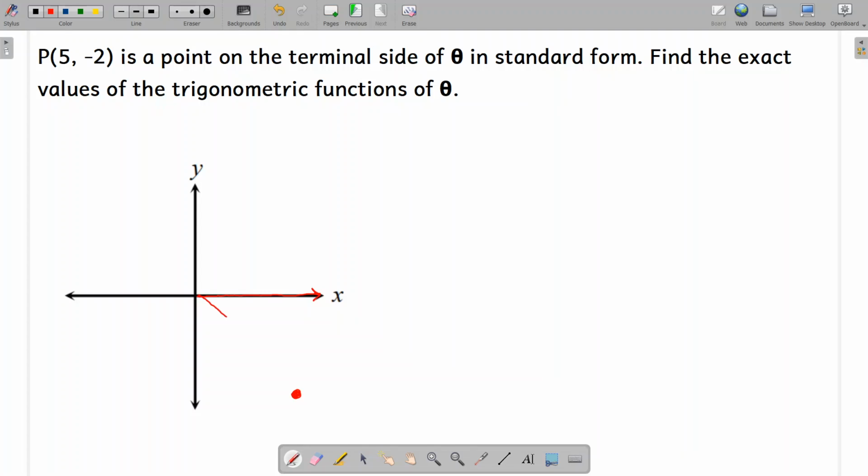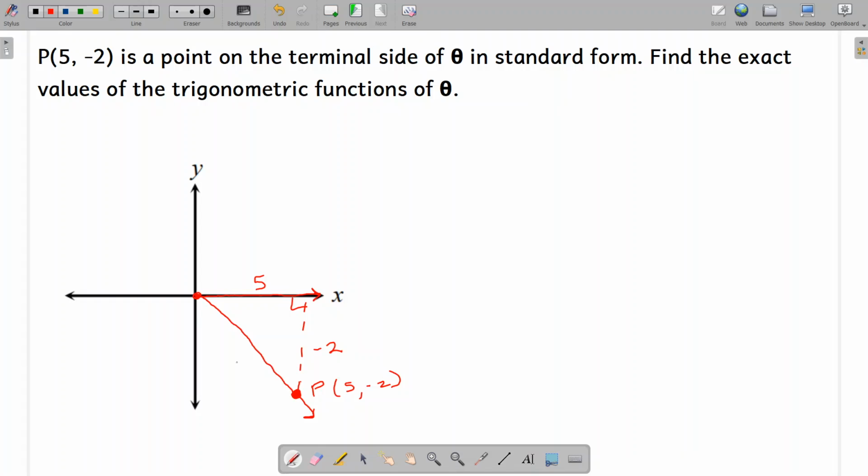So that means that the terminal side is here. So we're going to call this point P. This is the point (5, -2). So that must mean, if we draw a right triangle here, that the x distance from the origin to that altitude made by point P would be 5, and then this vertical distance would be -2.